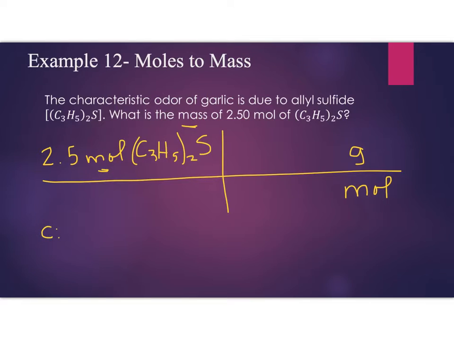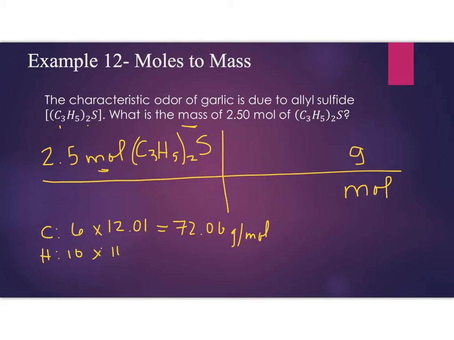So carbon says that we have 3 carbons here, but I'm multiplying it by 2, so I really have 6 carbon times the 12.01 grams per mole, and that's going to give me 72.06 grams per mole. Then I'm going to have hydrogen, and I see I have 5 hydrogen inside of the parentheses with a 2 outside, which means I'm really going to have 10 hydrogen atoms.